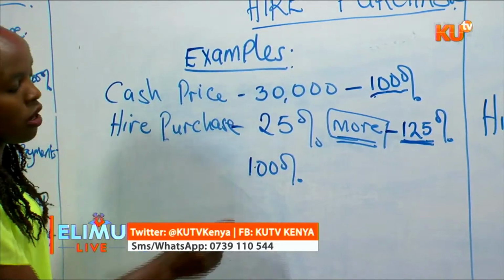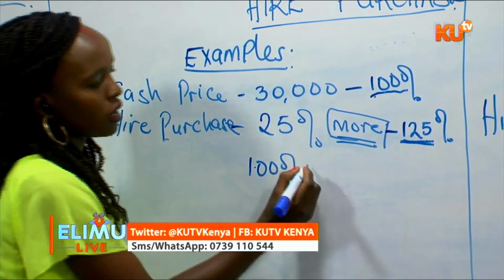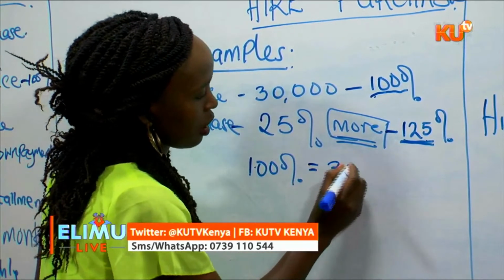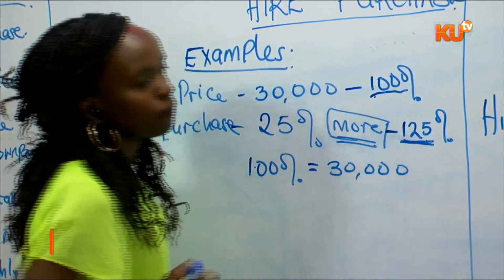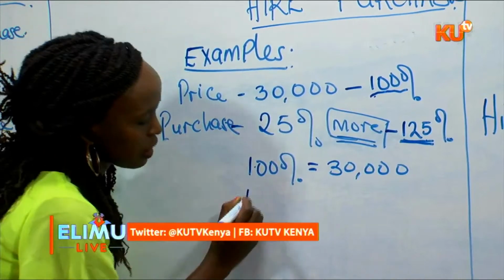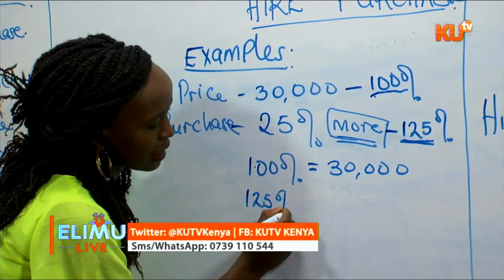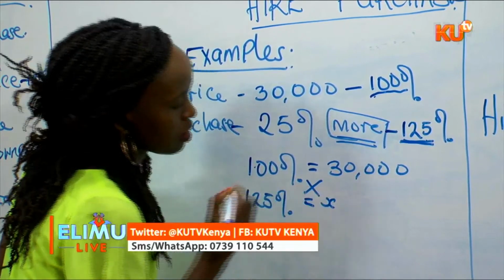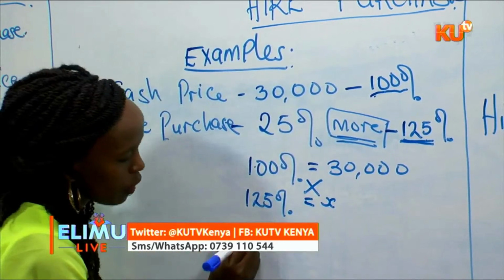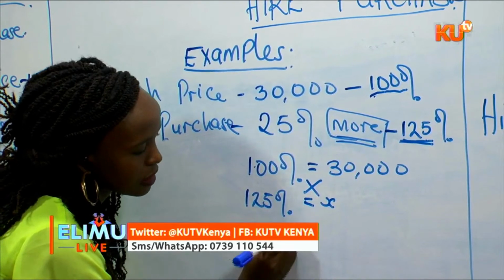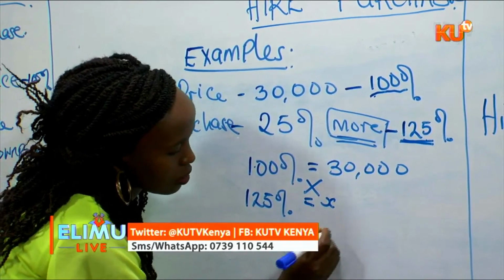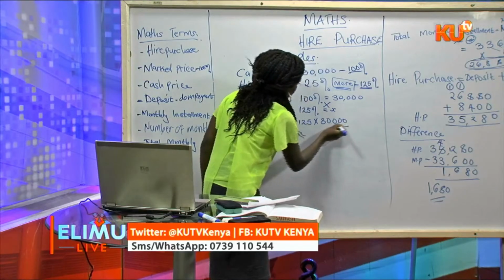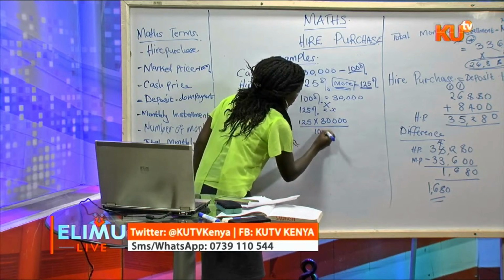We learned that in class 4. 100% is equivalent to 30,000. What about 125%? We cross multiply. It's going to be 125 times 30,000 divided by 100.